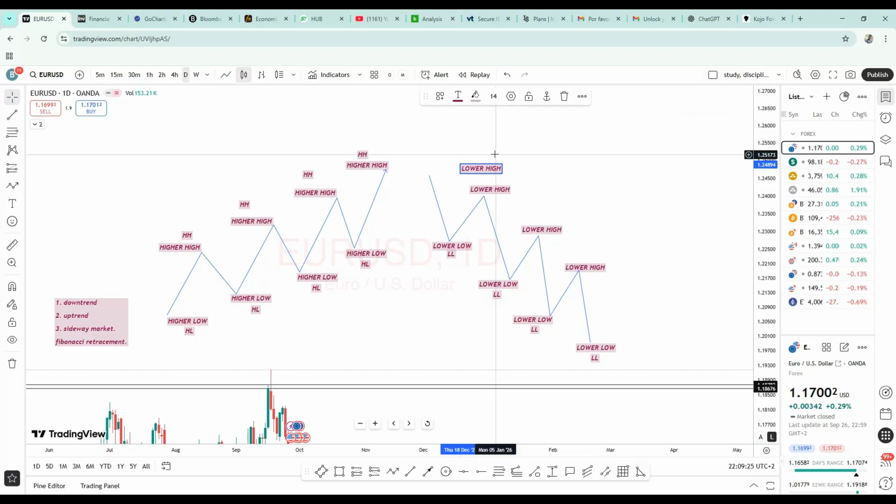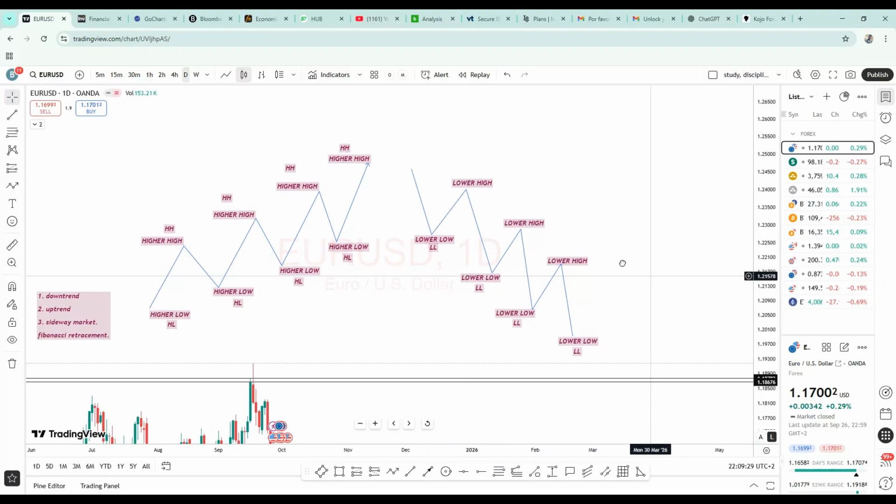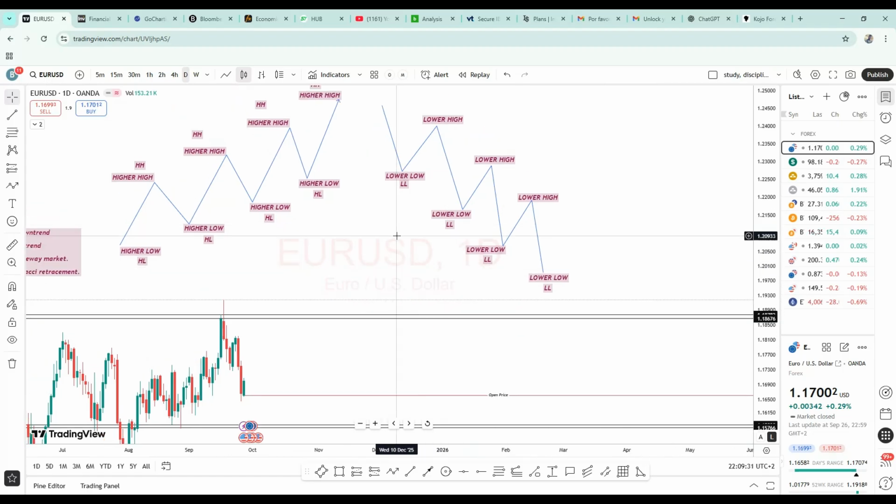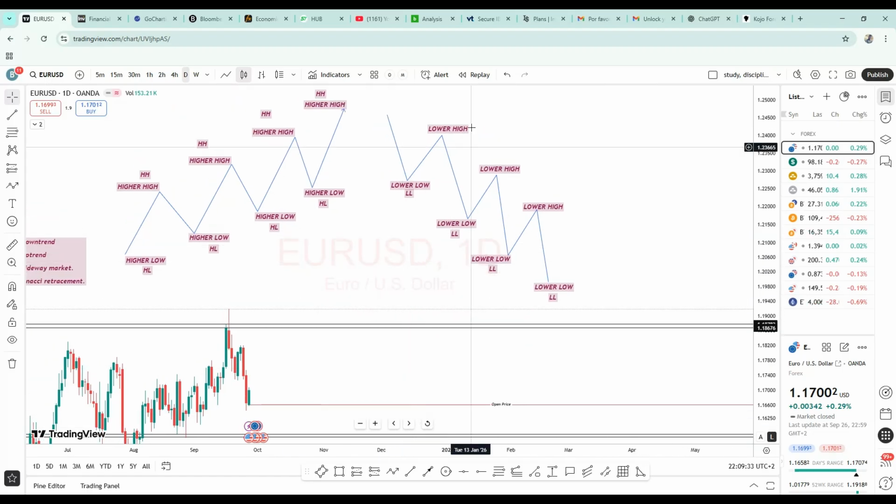Anyway, I will delete this. The same thing, I delete that. We have a lower high there, right? And this lower high, what is the short form? The short form is LH, which is lower high. Have that in mind, guys.